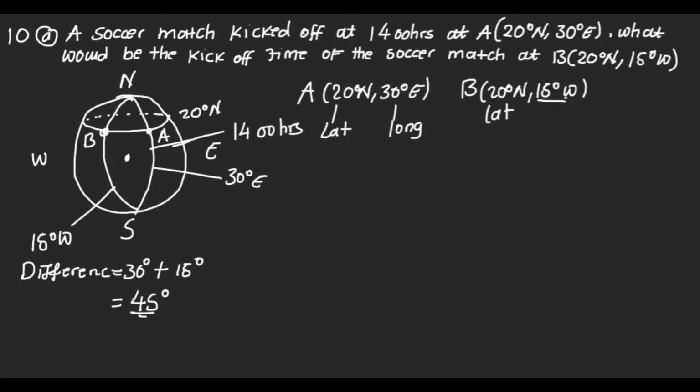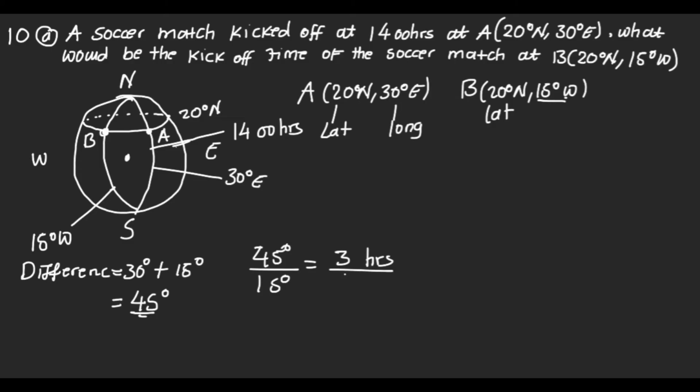Then we need to convert this 45 degrees into hours. Whenever you are converting into hours, you just divide the difference by 15. So this will be 45 over 15, which is just 3 hours. So the difference in hours between the 2 points A and B is 3 hours.